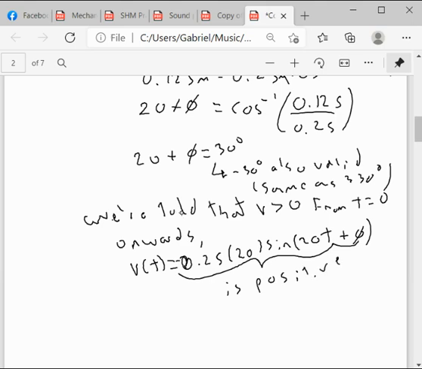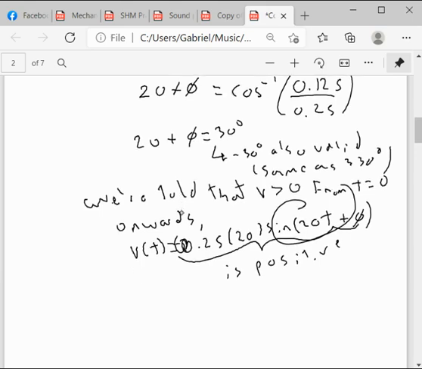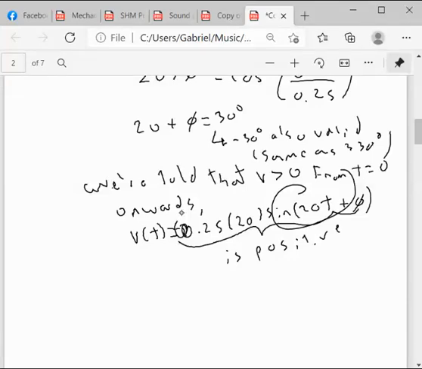So there's a negative sign at the front though, which means that our phase factor needs to make the sine term negative. So that with the negative sign at the front and the sine being negative, the overall measurement of the velocity will be positive. So for sine to be negative, we go with the angle that's minus 30, or same 330.